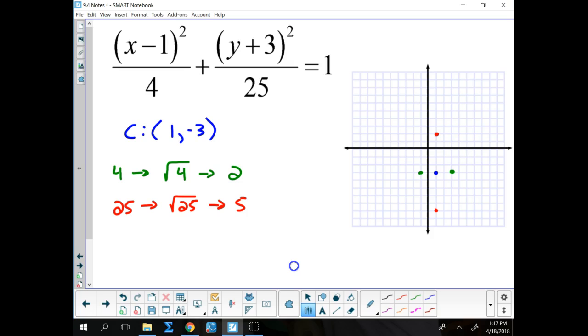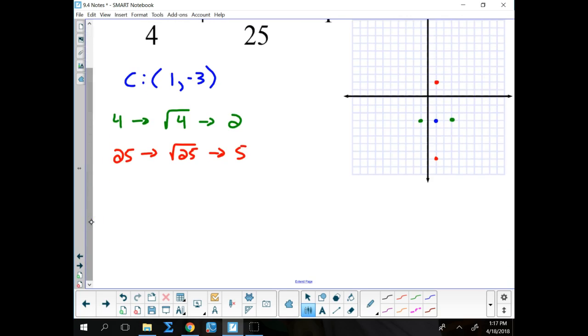Actually, before we even draw it in, we should identify our vertices, right? What are my 2 vertices? Are they the red dots or are they the green dots? They're my red dots, right? So what are those coordinates? 1 comma 2 is the top one.